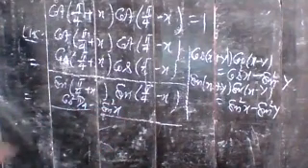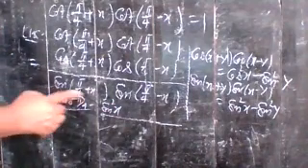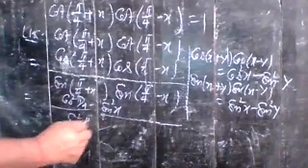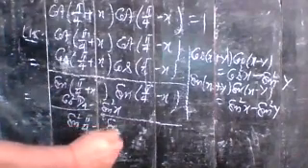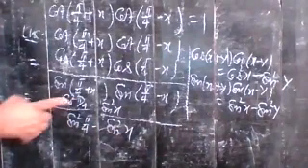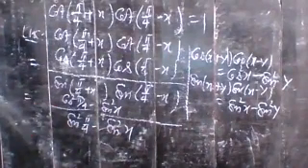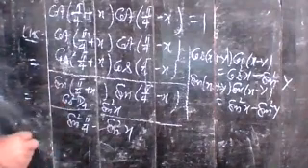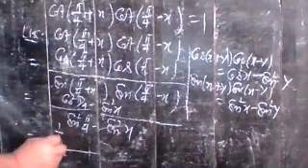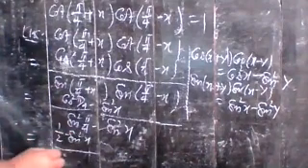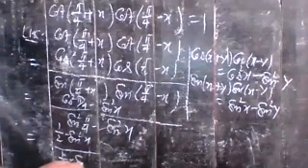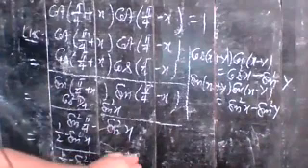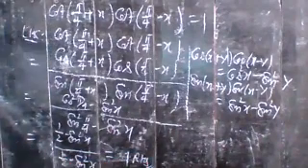In the denominator, sine x plus y into sine x minus y is equal to sine square pi by 4 minus sine square x. And you know cos pi by 4 is equal to 1 by root 2, so its square is 1 upon 2. So you can write 1 upon 2 minus sine square x over 1 upon 2 minus sine square x. They cancel out, so the result is 1. Note it.